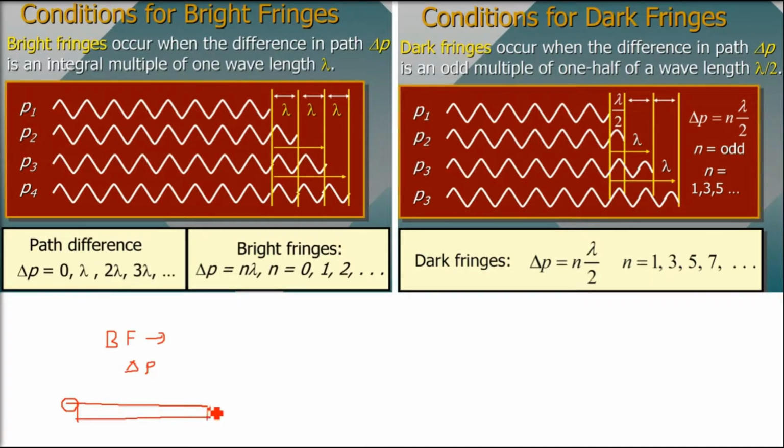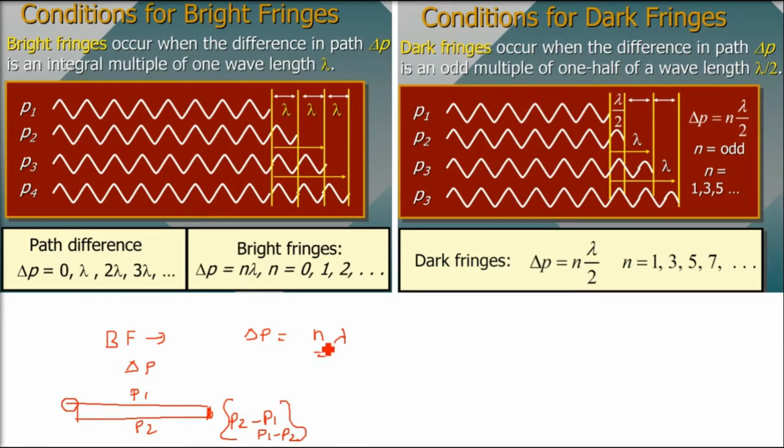This path difference will tell you whether the interference is going to be constructive or destructive. If the path difference, p1 and p2 being the distances, just subtract them, is equal to n lambda, then you will get the bright fringes.